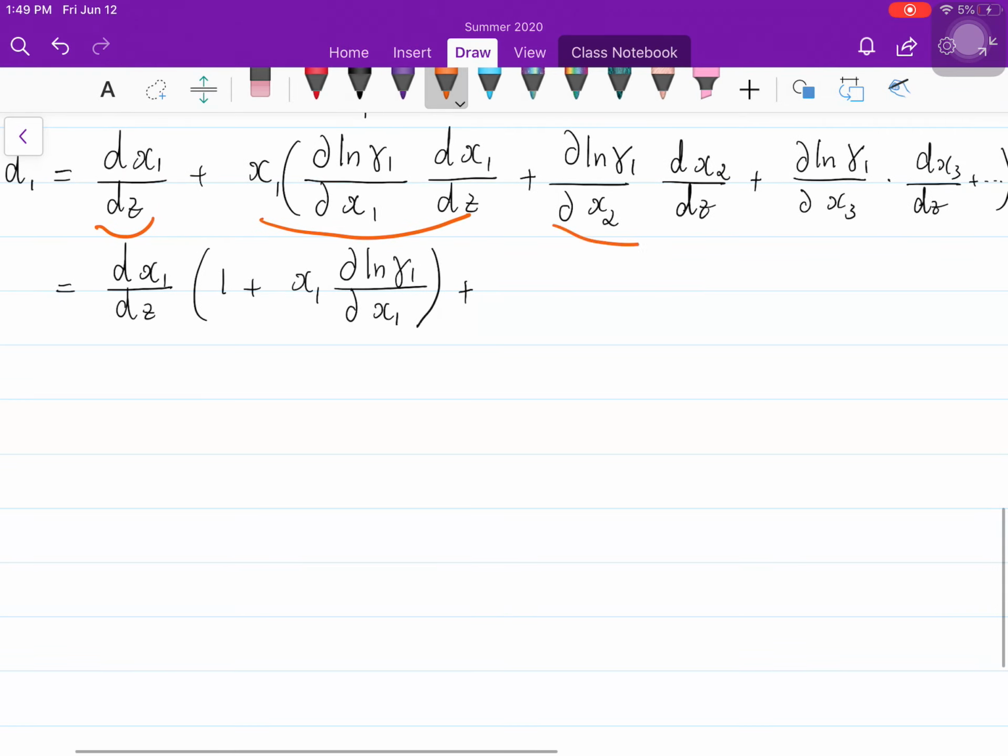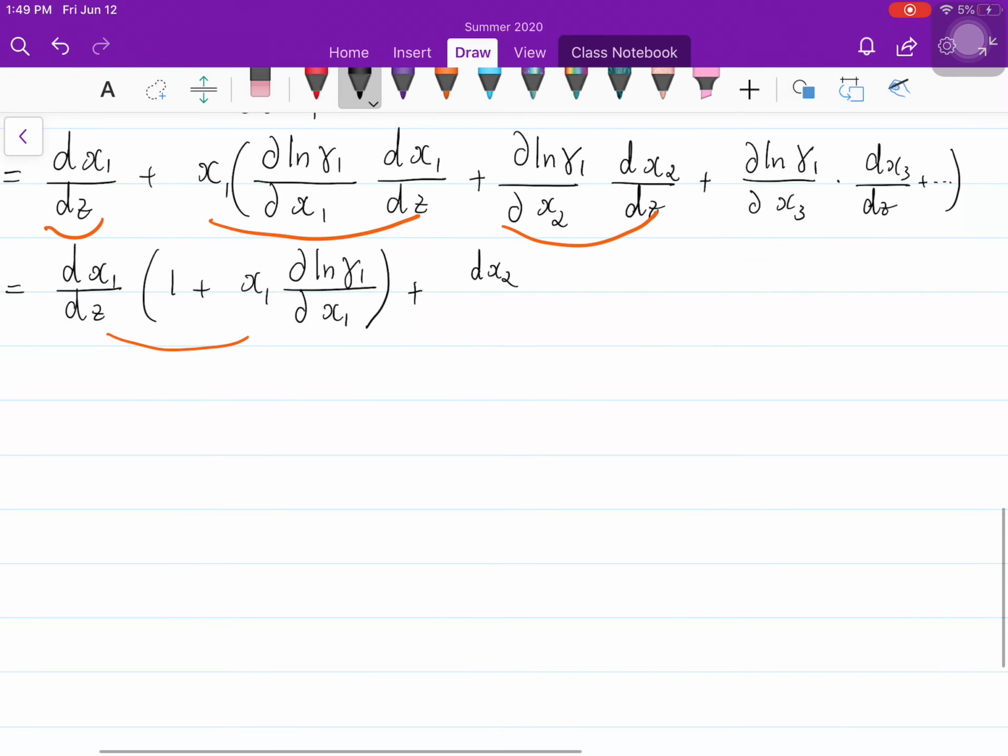Then I will make this have the same form as this. So it'll be dx2 over dz, open parenthesis, because we don't have anything here, so it'll be 0, plus whatever is left in here, x1 times the partial derivative of the natural log of the activity coefficient of the first component with respect to the molar fraction of the second species.